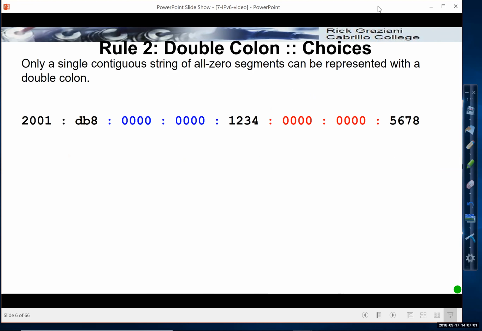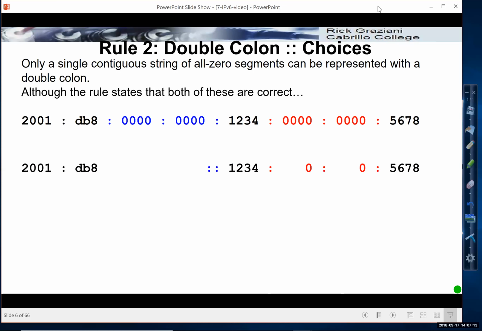Now, rule 2, the double colon, says only a single contiguous string of all-zero segments can be represented with a double colon. So if we take a look here, both of these would be correct.